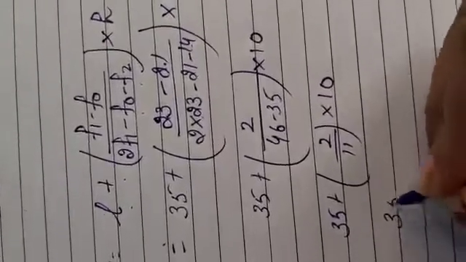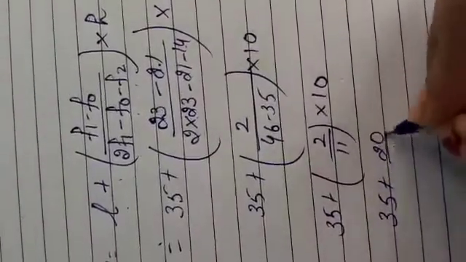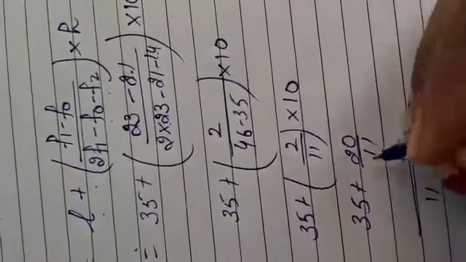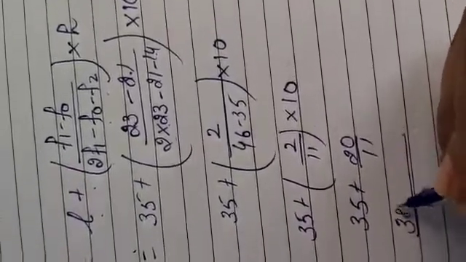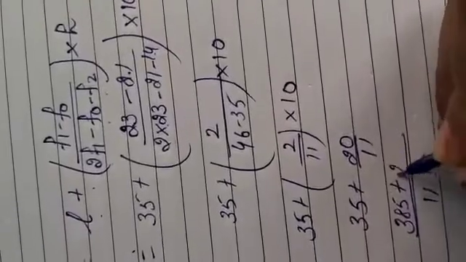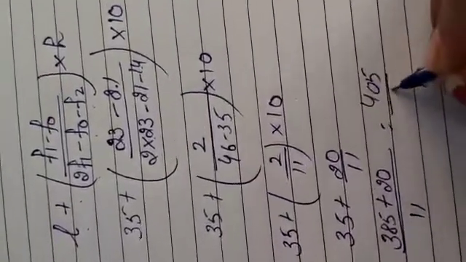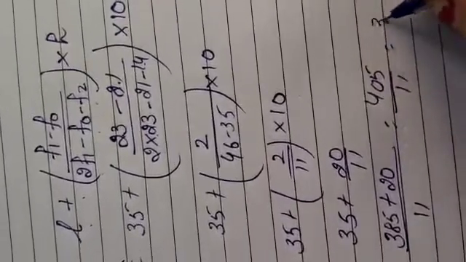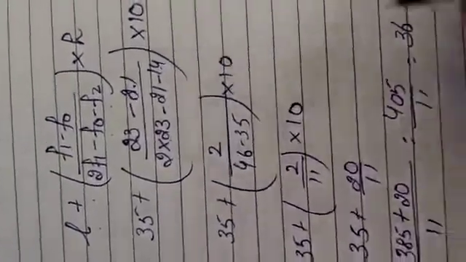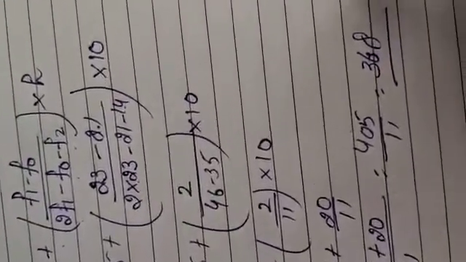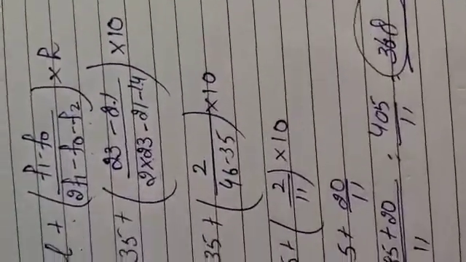So it is 35 plus 20 by 11. Take the LCM: 385 plus 20 is equal to 405 by 11, so the answer is 36.8. So this is the mode of the data, 36.8.